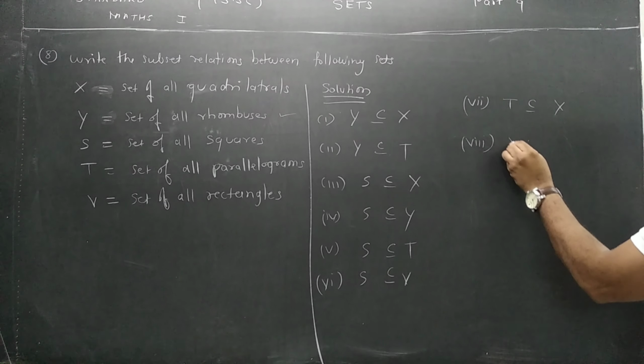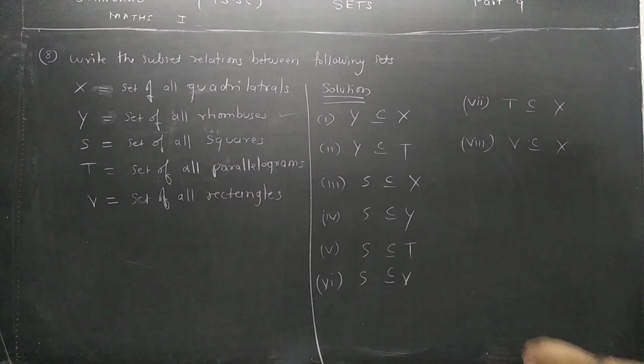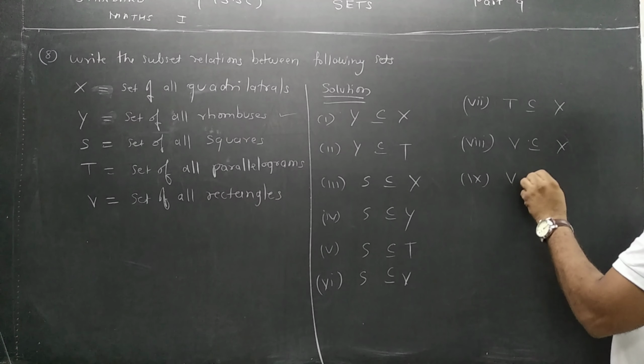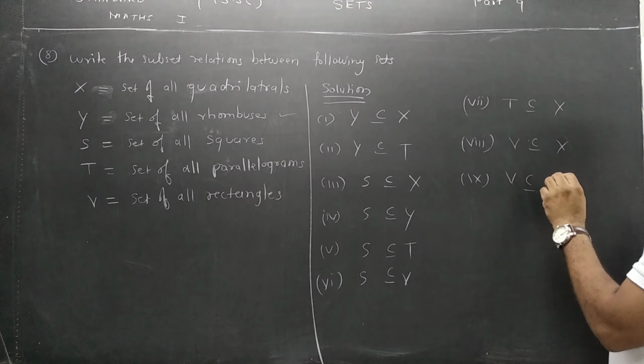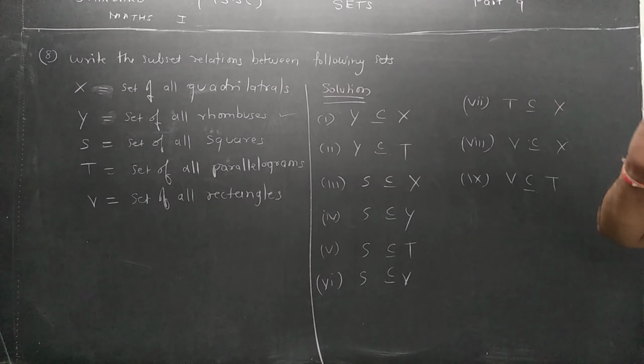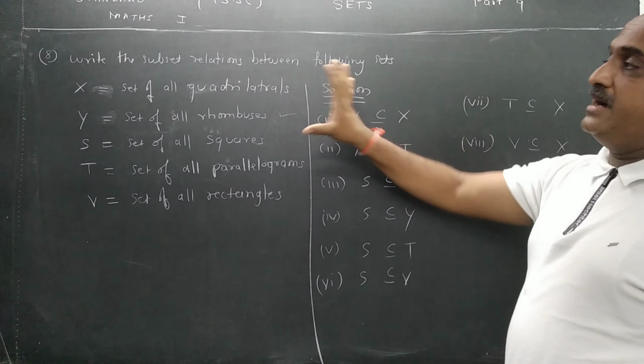Rectangle. V is a subset of X, X is a quadrilateral, and ninth one, V is a subset of T because a rectangle is one type of parallelogram. So have you understood that? After that concept only we can do this.